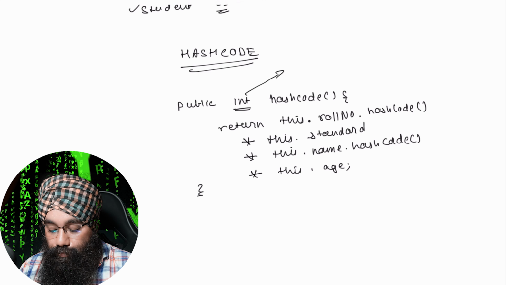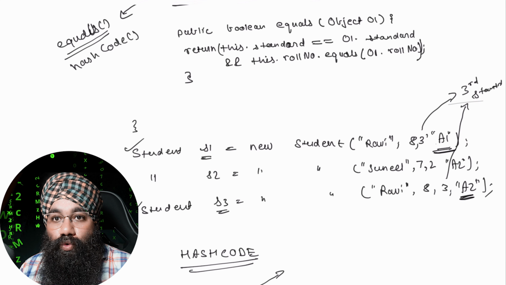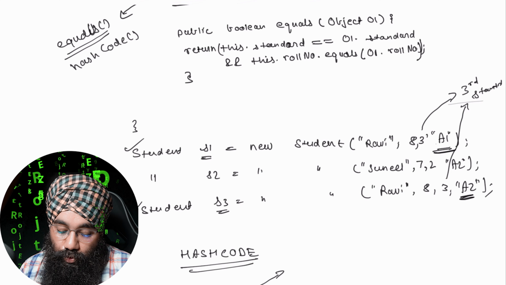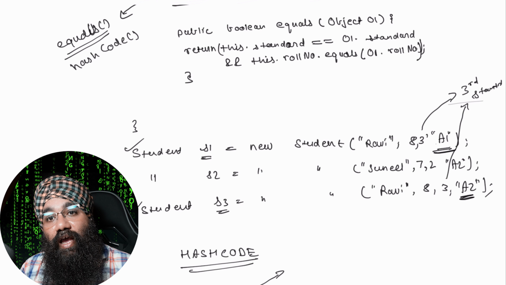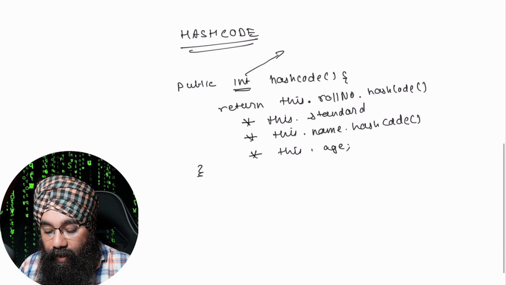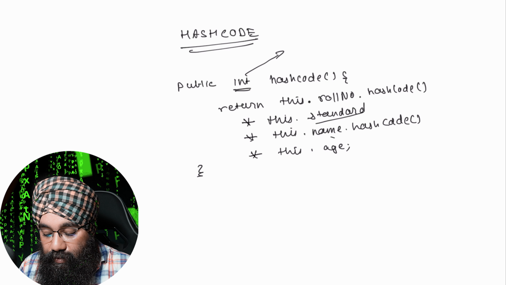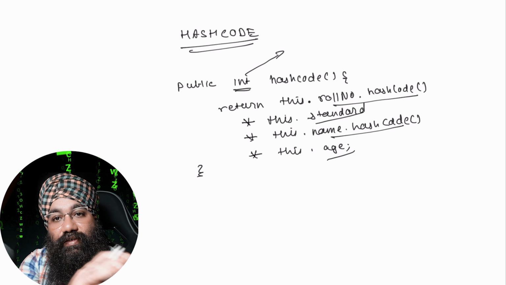Now an important thing to realize is that two different Student objects of the Student class might still have the same hashcode, because it's maths. We are multiplying different integers, so using a combination of different integers we can still get the same number.